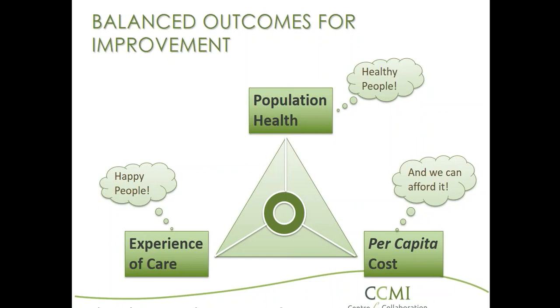You have to have happy people. The experience of care needs to be a good one. It needs to be patient-centered and patient-focused. And it has to be a sustainable system from a cost standpoint moving forward. So throughout the presentation, I'll refer to the triple aim in terms of how your quality improvement efforts should keep these 3 major outcomes in mind.